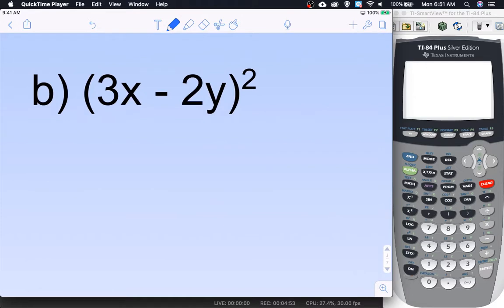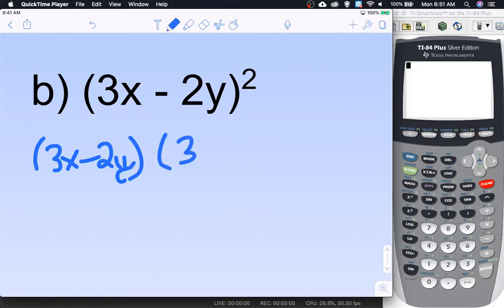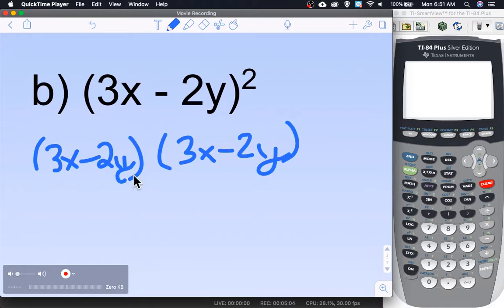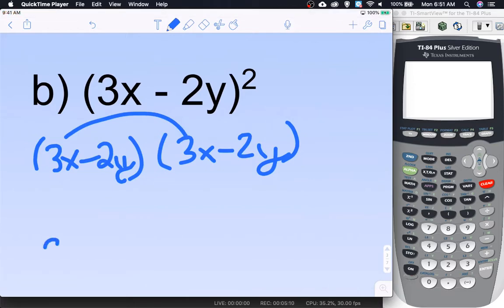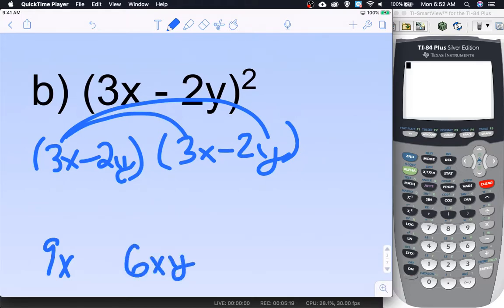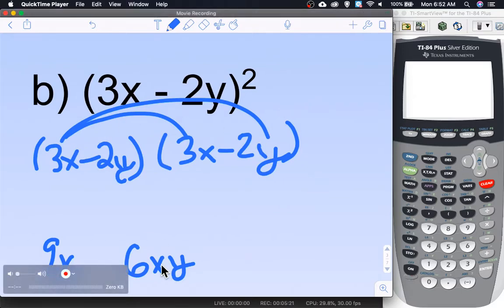It's like here. I'm just going to write 3x minus 2y times 3x minus 2y. I'm going to take the thing and square it, multiply it by itself. So I'm going to multiply my firsts, 9x. Then I'm going to multiply my outers, that is 6xy. 2 times the 3 is the 6. x times y is xy.